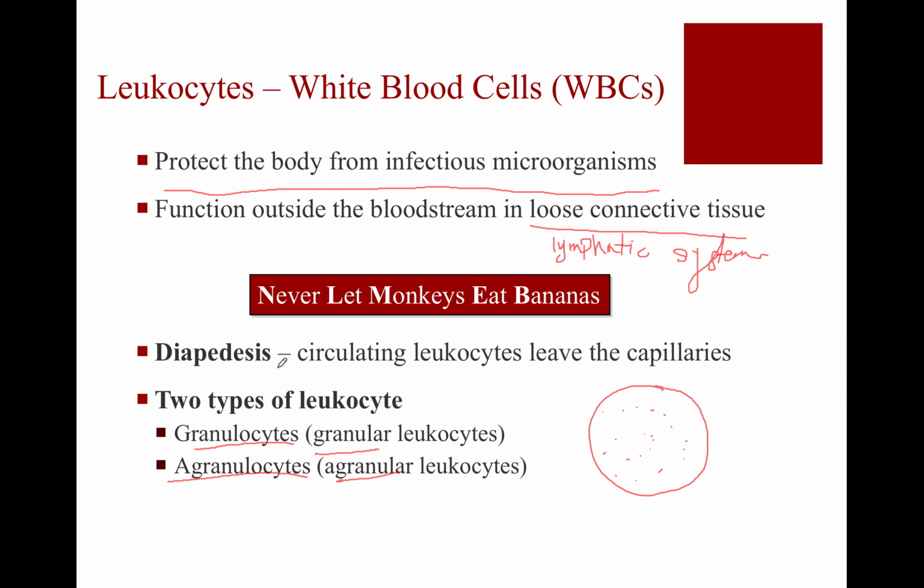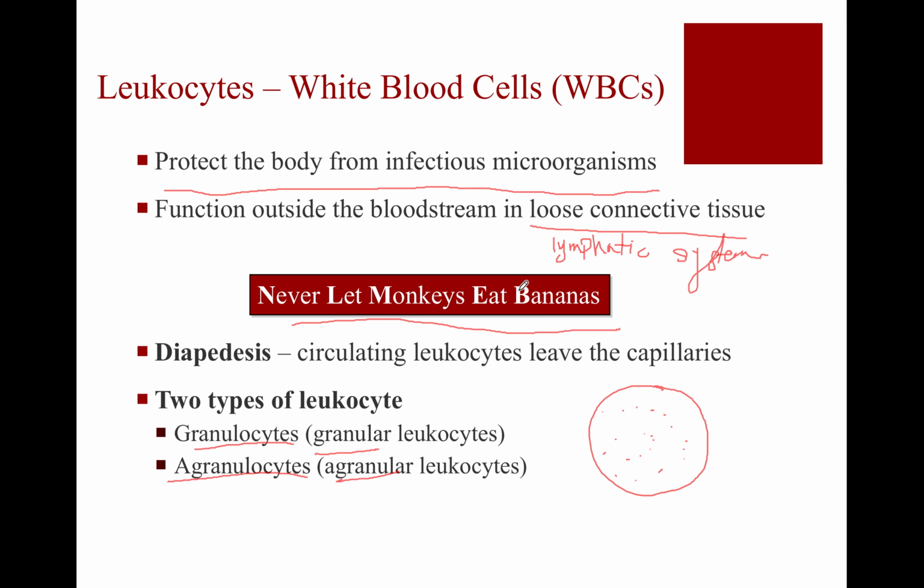Now, if you ever wonder, looking at the PowerPoint, what is this? This represents a shorthand, a way to remember the frequency of the white blood cells based on the sentence. So look at the capitalized letters. N stands for neutrophils, L stands for lymphocytes, M stands for monocytes, E stands for eosinophils, and B stands for basophils.